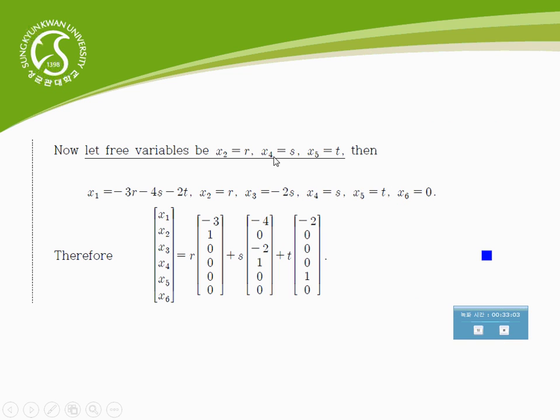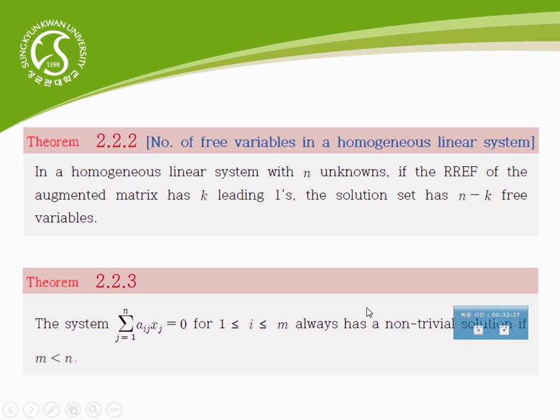So x2, x4, x5 can be written as free variables r, s, t. Then the whole set can be written as a linear combination like this. For the homogeneous system, you can find all the solutions with just a linear combination of these three free variables. But if it's a non-homogeneous system, then you might have the other value, a constant vector, with it. But for a homogeneous system, always this happens: just a linear combination of free variables.